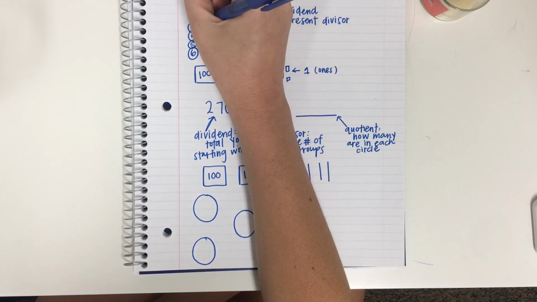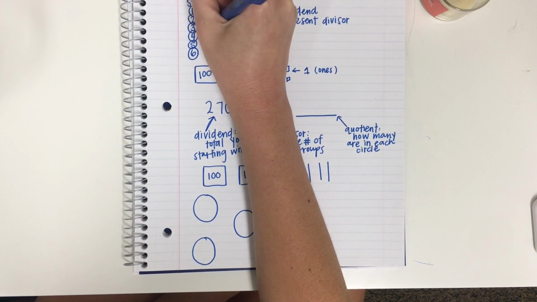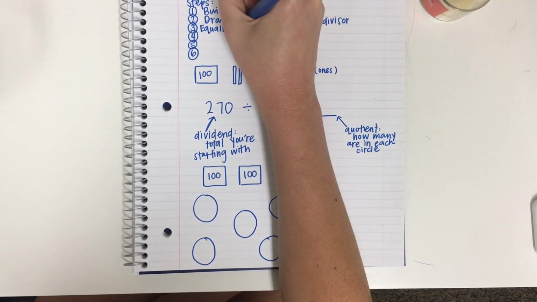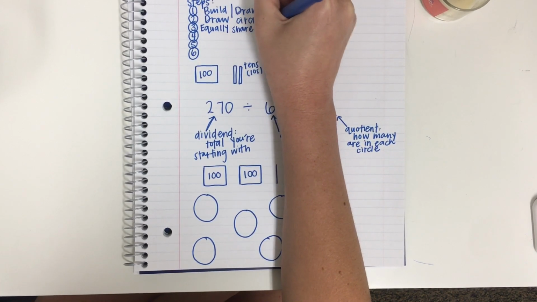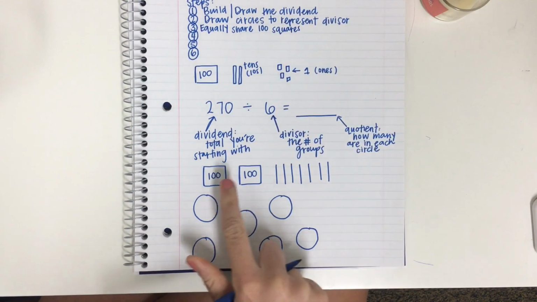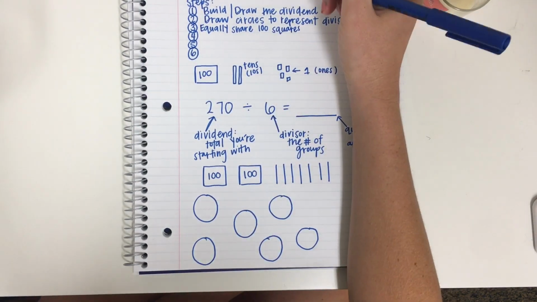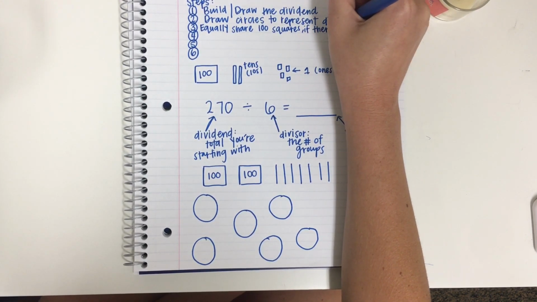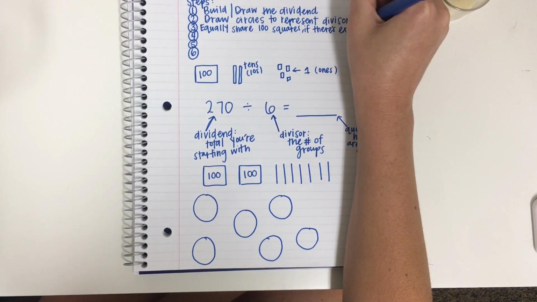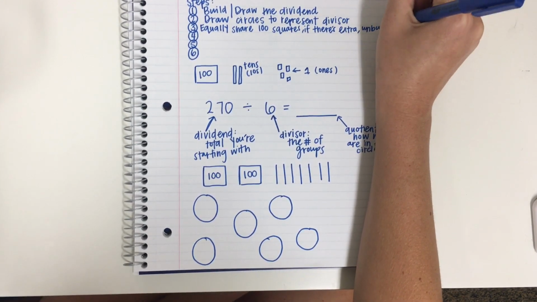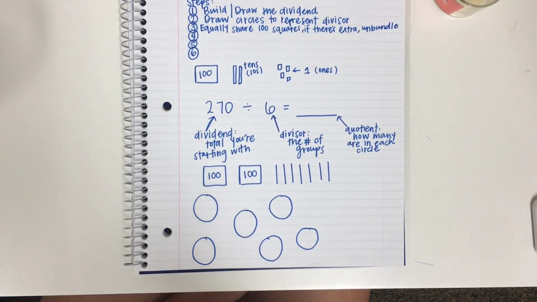For step 3, equally share your 100 squares. If there's extra or not enough, you need to unbundle.